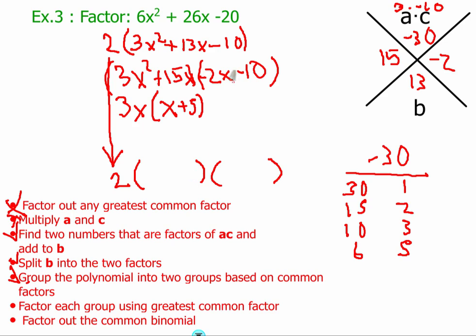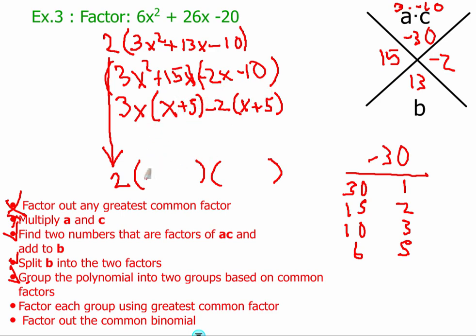If I go over here and do the same thing on this binomial, negative 2x and negative 10 share negative 2. They don't share an x, so that's my greatest common factor. Negative 2x divided by negative 2 is x. Negative 10 divided by negative 2 is 5. All right, I know I'm doing this right because these are the same, x plus 5, x plus 5.